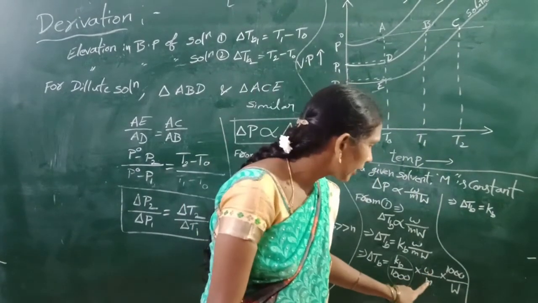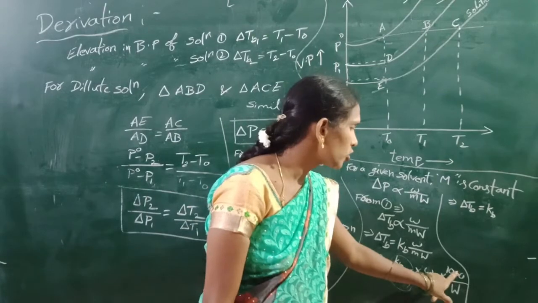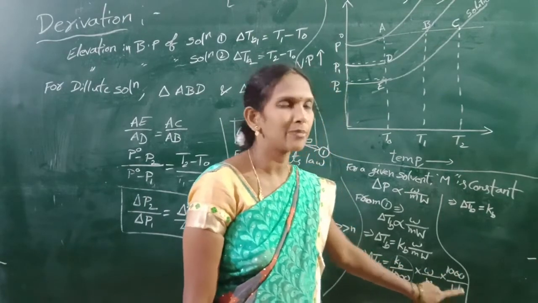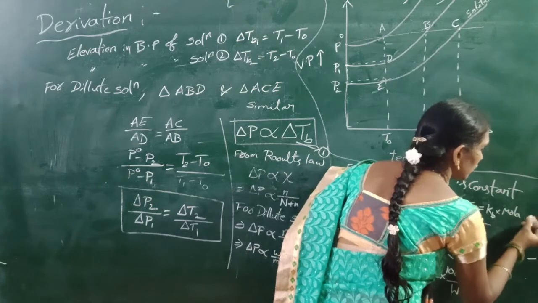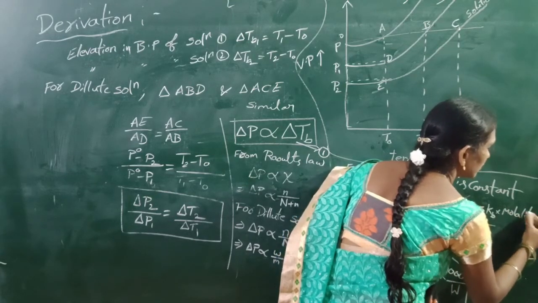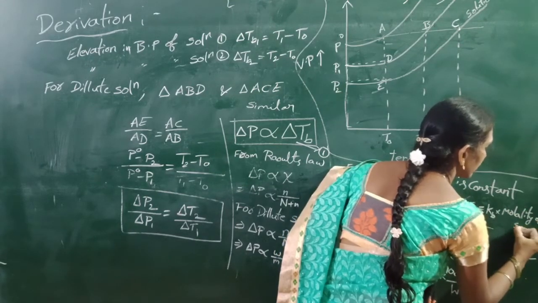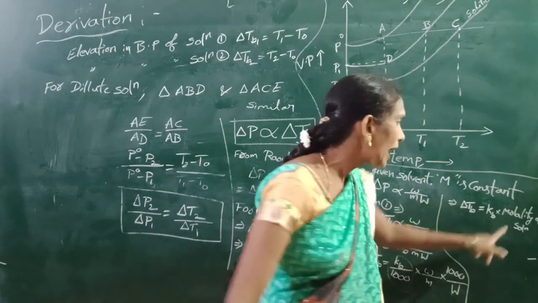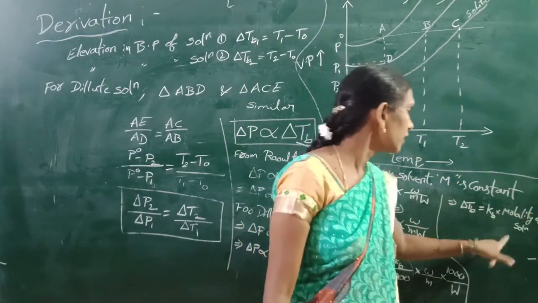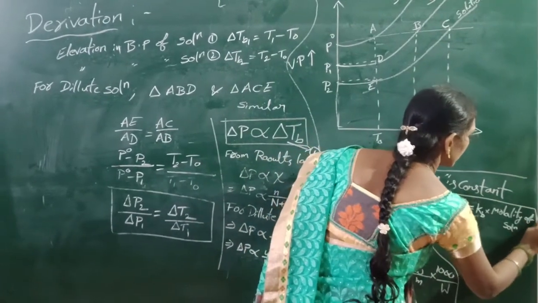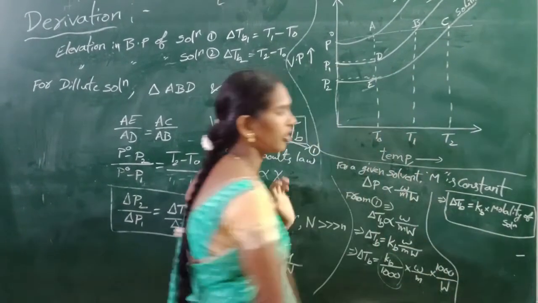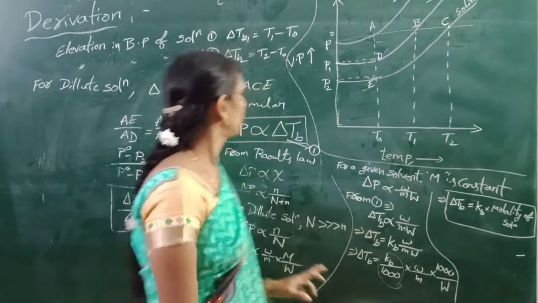Weight by molecular weight into 1000 by weight in grams is equal to the molality of the solution. Molality of the solution, not molarity. This is the derivation of the boiling point relation.